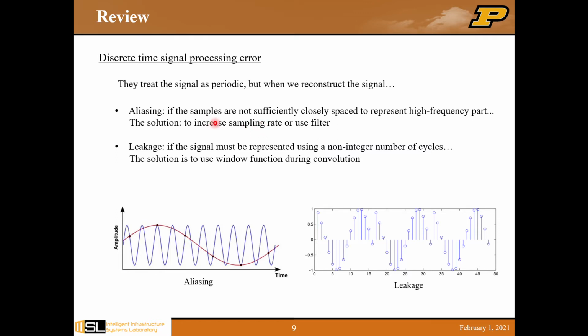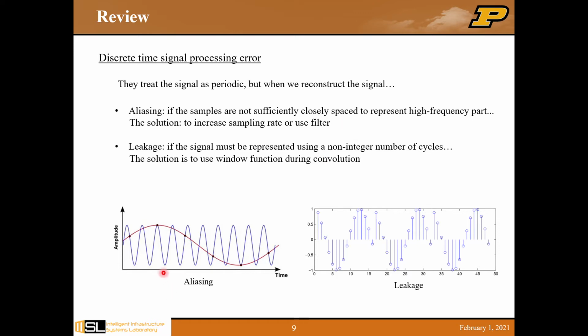Imagine that we have N separate samples with the sample time T. If the samples are not sufficiently closely spaced, then they cannot fully represent the original signal, and that will cause aliasing.